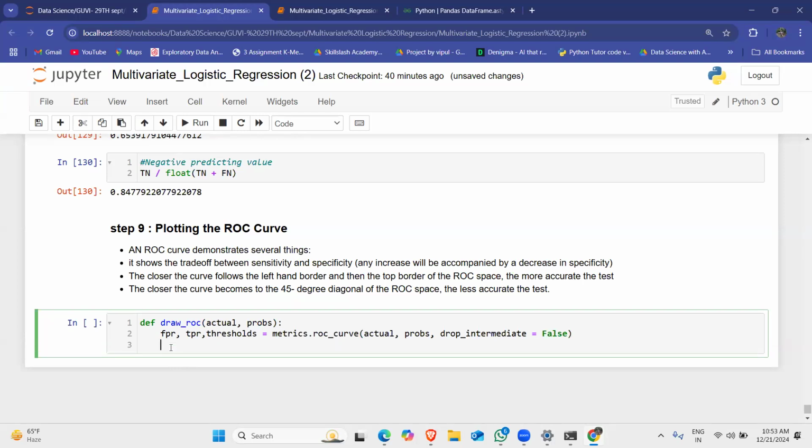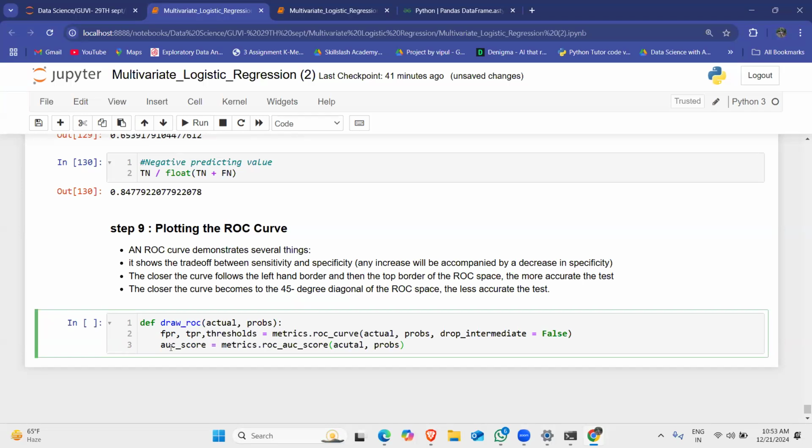I'll return AUC underscore score is equal to metrics dot roc underscore auc underscore score. In that, I want actual, minus probabilities, probs.